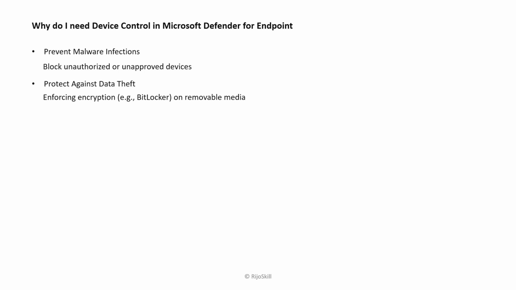Once you connect the removable media, you can configure BitLocker, then you can take the data and enforce the security policies, blocking all removable storage and devices by default. You can also block all external connectivity from all removable storage on the devices by default.